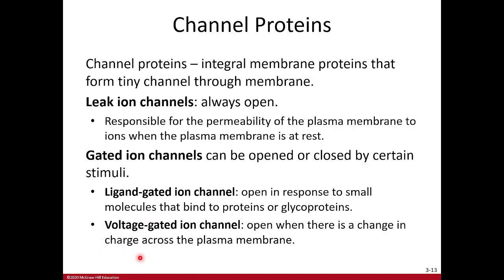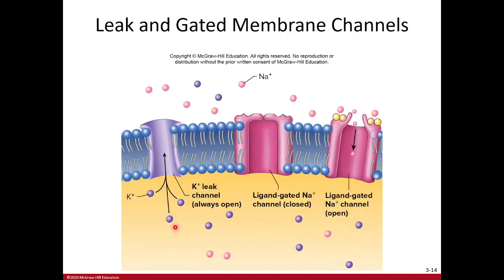So voltage gated channels respond to changes in electrical current, while ligand gated respond to the physical connection of molecules to specific areas within these channels. So this is the diagram to show you the different types of channels. This is a leaky channel for potassium, so it's always open, so potassium can move freely. And in this case, we have a sodium ligand gated channel that is closed.